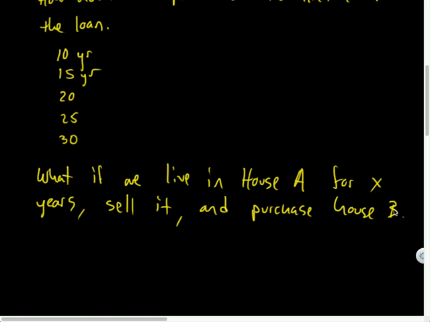If you live in your house A for 15 years, and we'll assume that it was a really content house and you were able to pay off that cheaper house in 15 years, and you get full profit from the sale. You sell it, you get to keep all of that money, and then you put that money in as your down payment on the more expensive house. And then you live the next 15 years until that mortgage is paid off or something like that. So that's what we're considering.